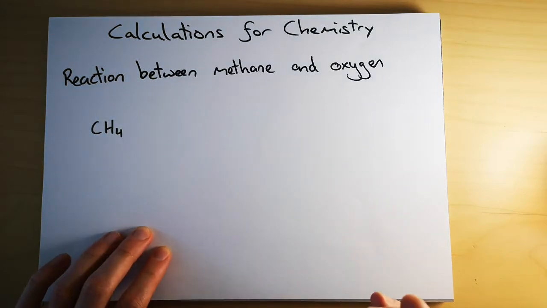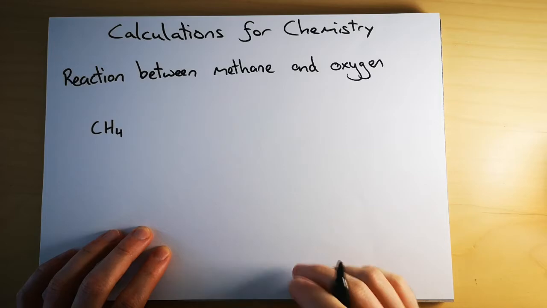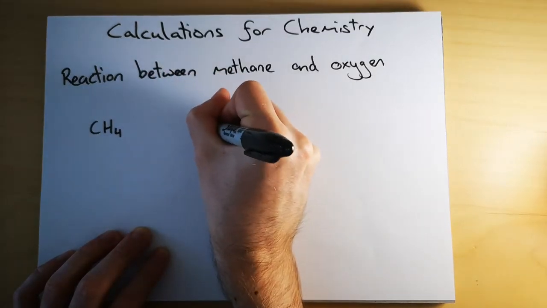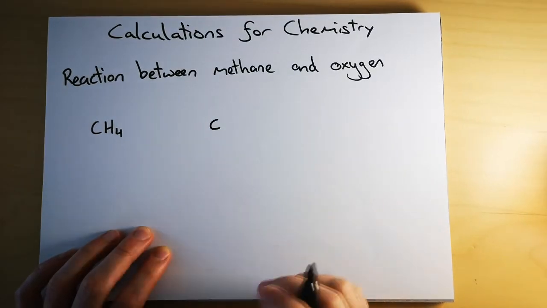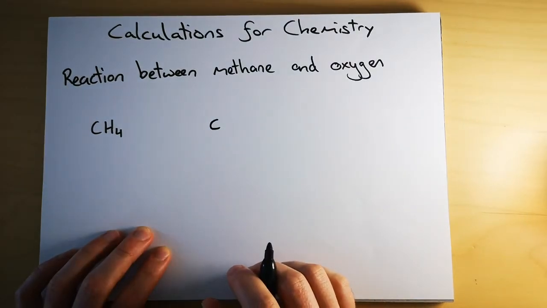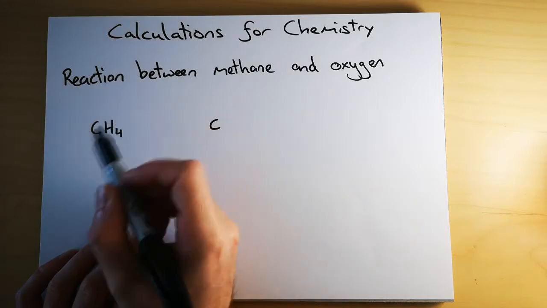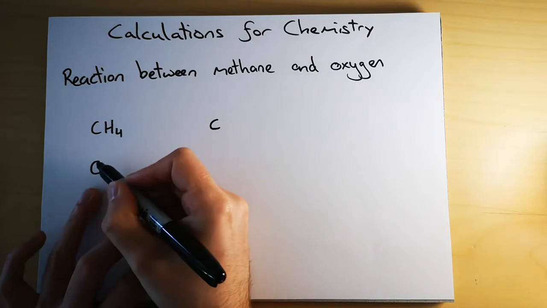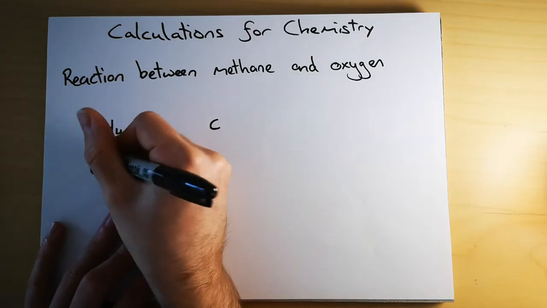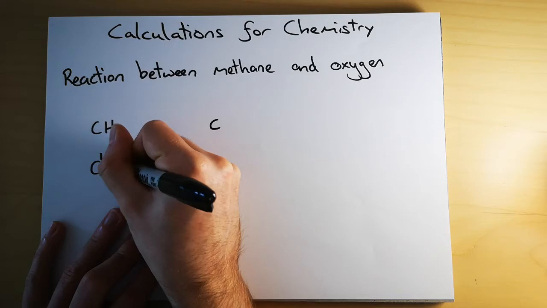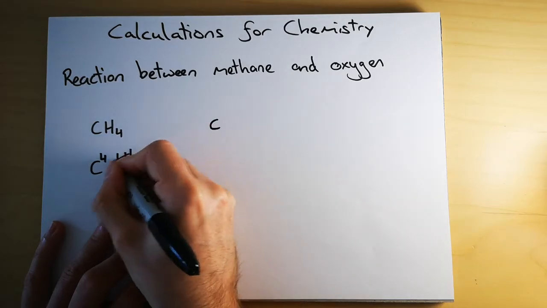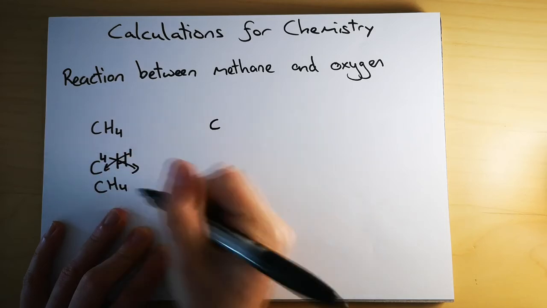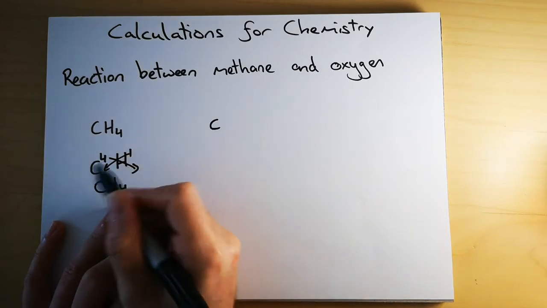Now, what I want to do is just recap Lewis structures again. So that central carbon has 4 electrons in its outer shell. Now, if I take us a step back here, carbon is in group 4, its valency is 4. Hydrogen's in group 1, its valency is 1. And we can switch those numbers over to give us CH4. So that's how we got there.